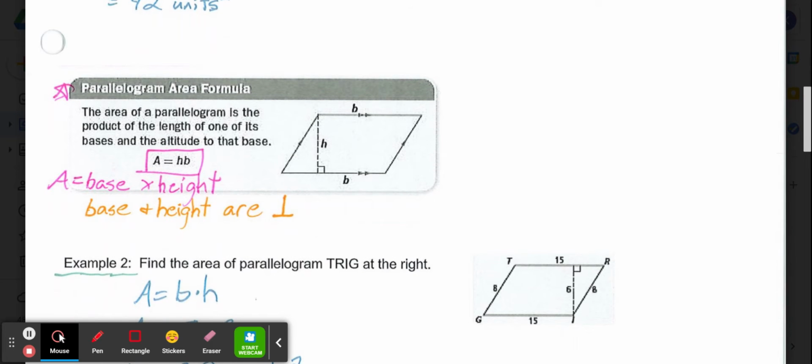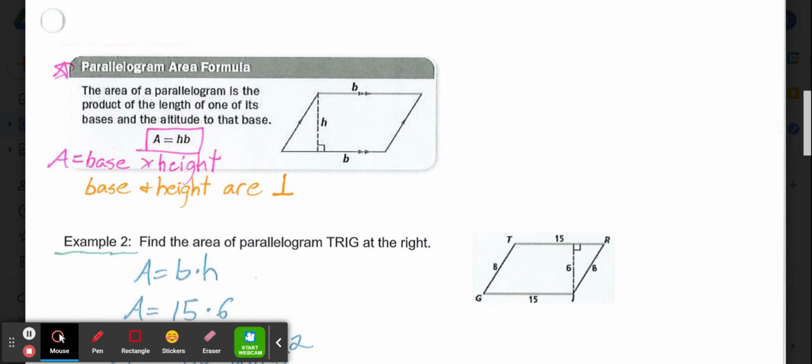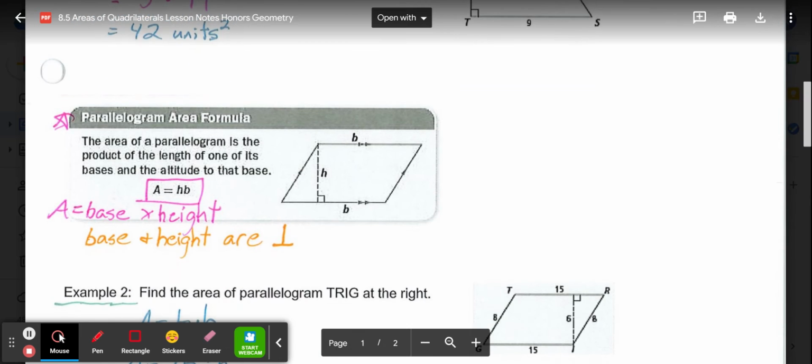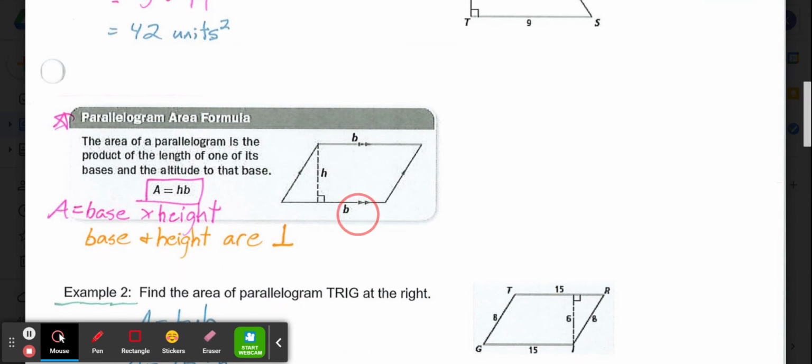Now the parallelogram area formula. The area of a parallelogram is the product of the length of one of its bases, because we know the bases in a parallelogram are congruent, and the altitude of that base. The altitude is also our height, meaning it meets one of the bases at 90 degrees.